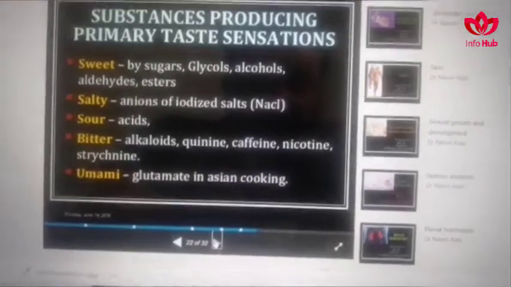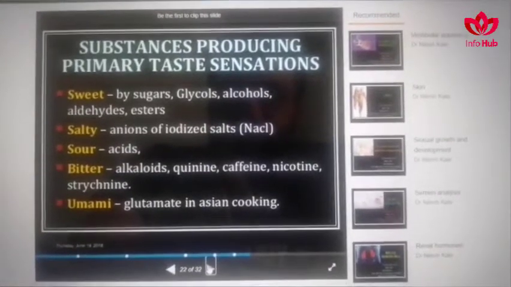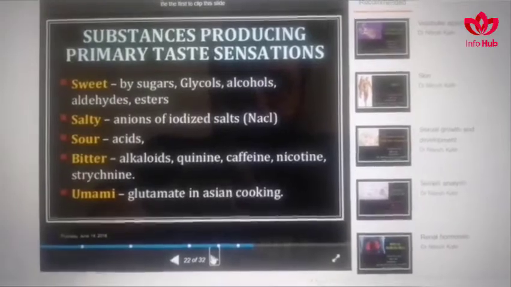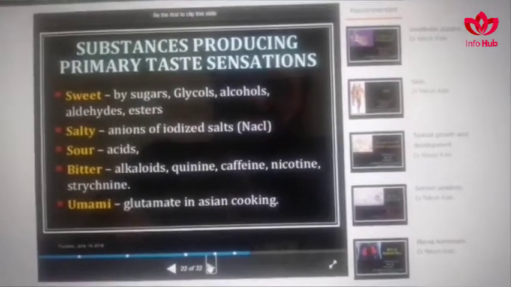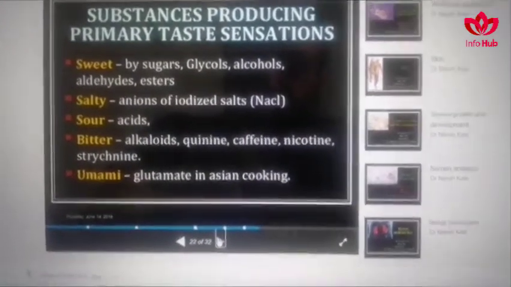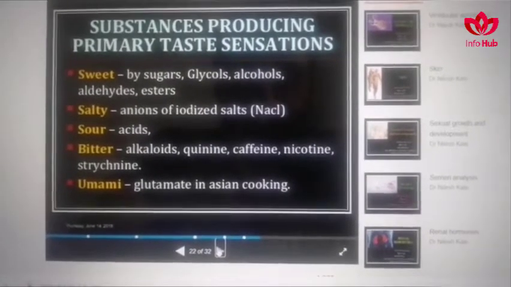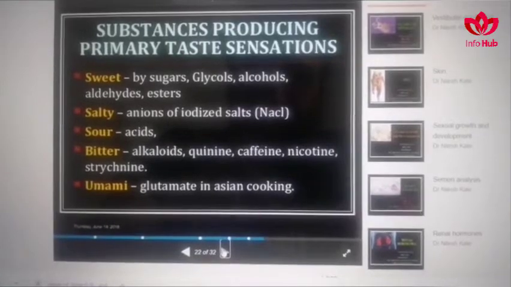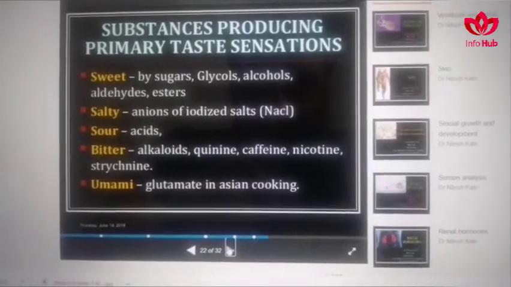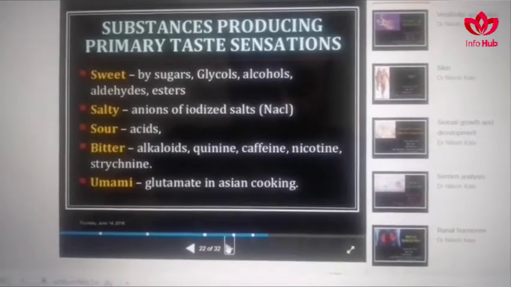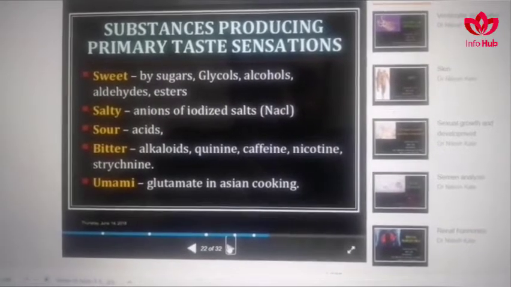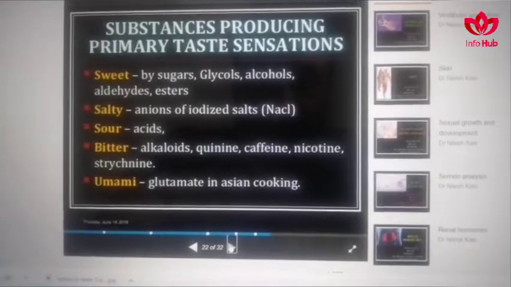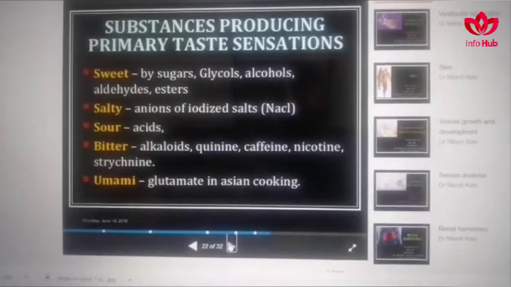Let's talk about various substances that produce taste sensation. You are well aware of a few, like the sweet taste, which is produced by sugars, glucose, and they usually activate G protein receptors, which ultimately result in generation of action potentials in the corresponding cranial nerves.